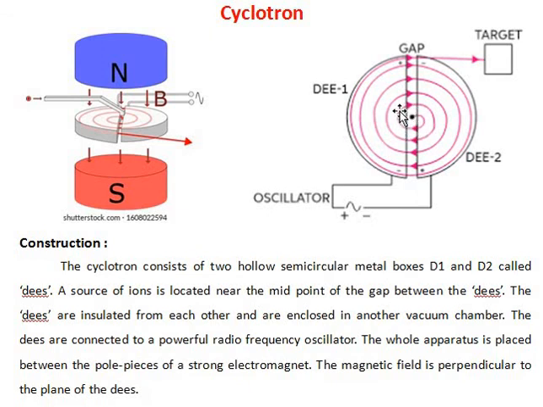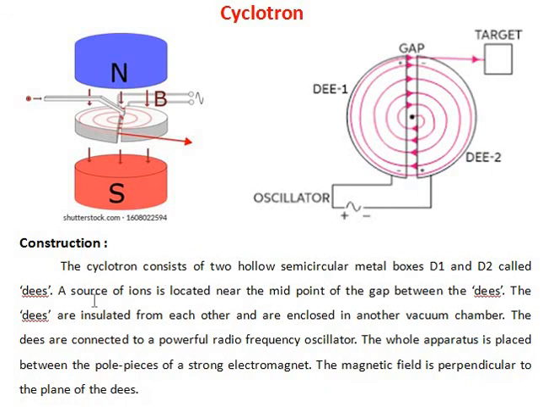Every time it enters the gap it gets accelerated, and it moves in a greater radius. The particle is accelerated in this semicircular path and finally exits from this direction with a greater velocity, or desired acceleration. So this is the basic working of the cyclotron.